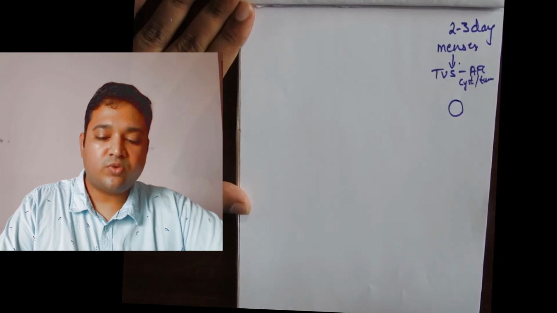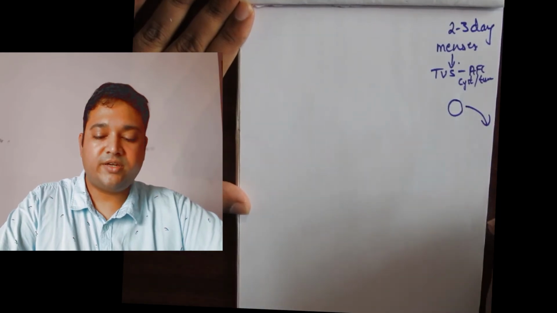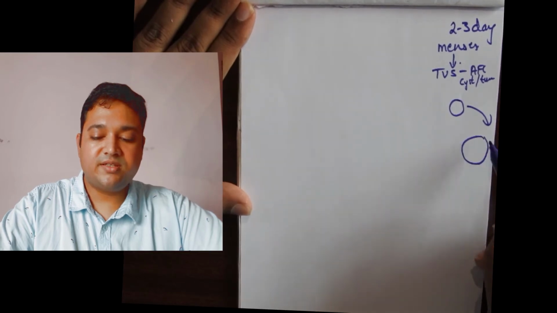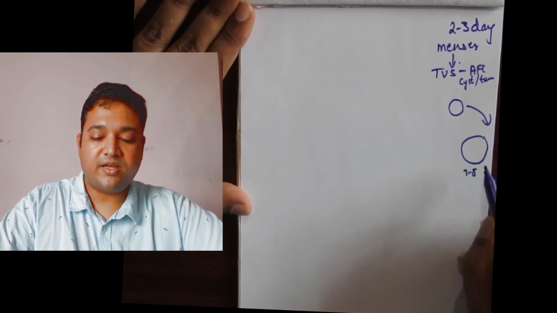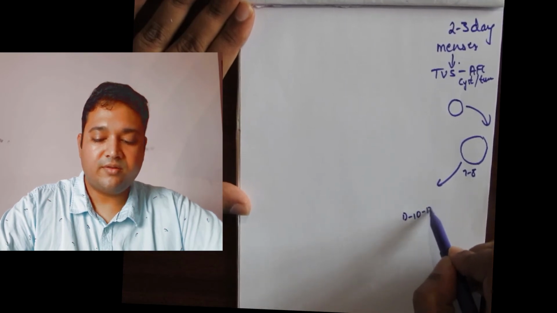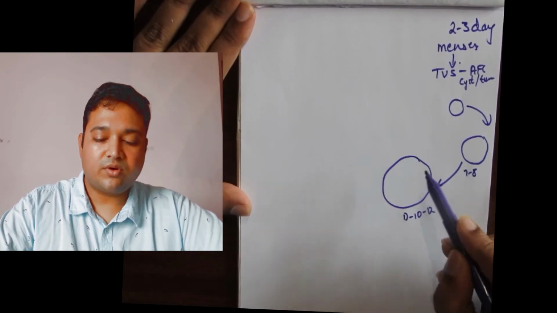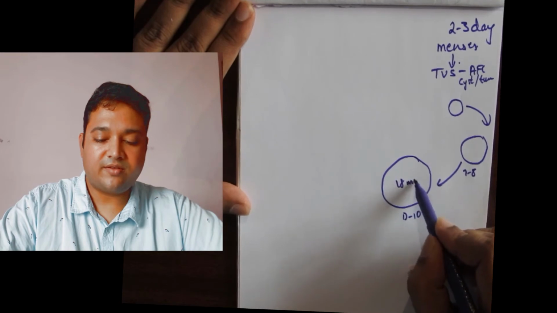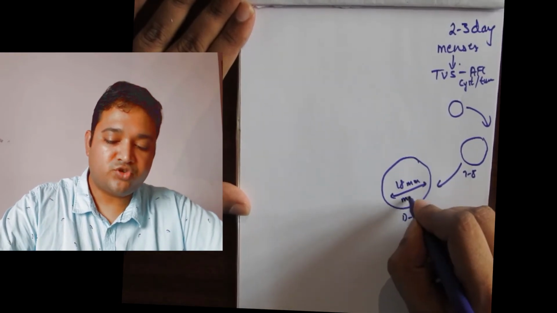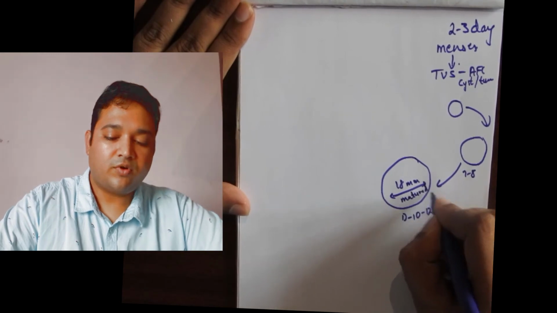The eggs are small to begin with on the day 2, day 3. As the follicles progress, they increase in size by around day 7, day 8, and approximately on day 10 to 12, they reach what is called the 18 mm size. The 18 mm size is also called mature follicle.